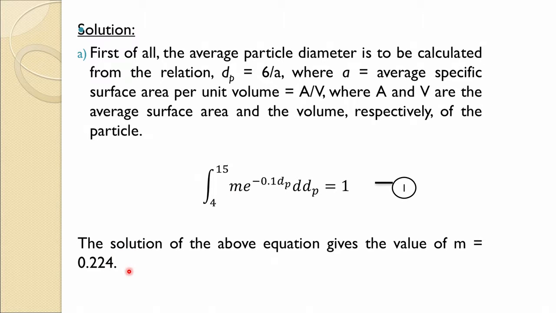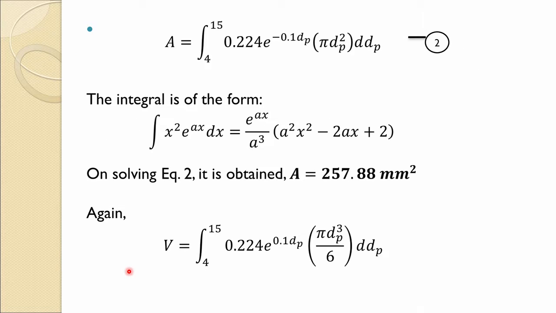0.224. So, if you put this value over here, then you can calculate the area with pi dp square dp, and if you integrate it within this limit, this is the integral.